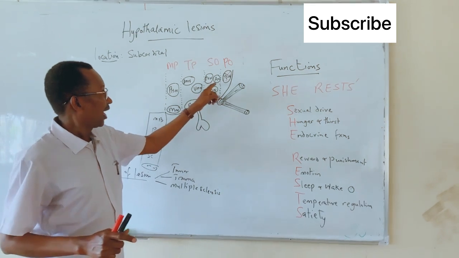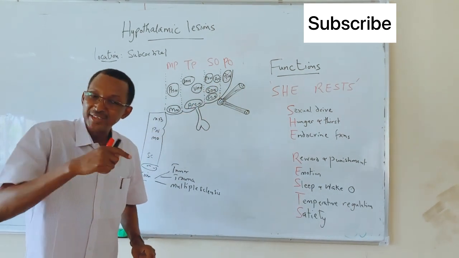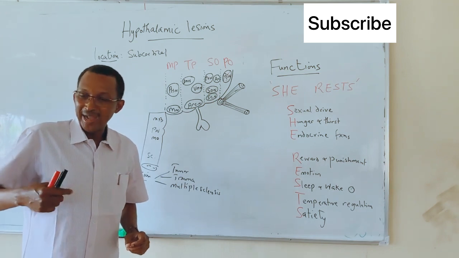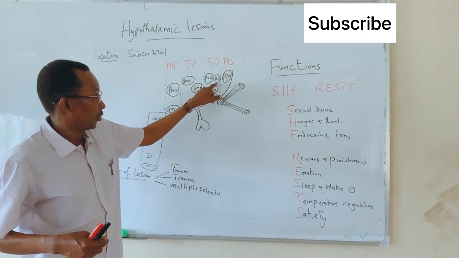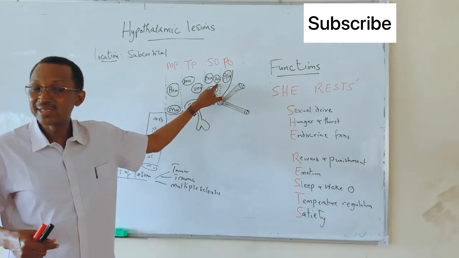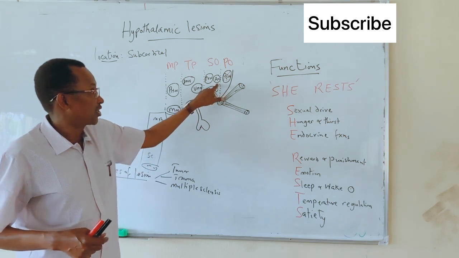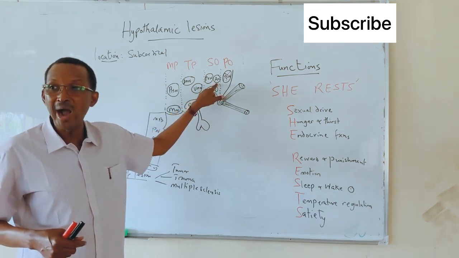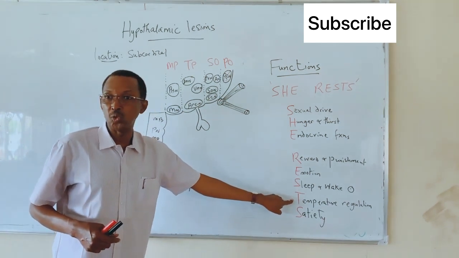But this anterior hypothalamic nucleus prevents the rise of our internal body temperature. So it is an anti-rise temperature nucleus, responsible for temperature regulation.